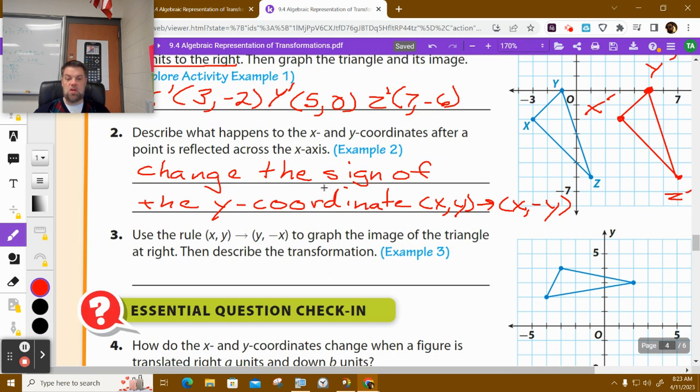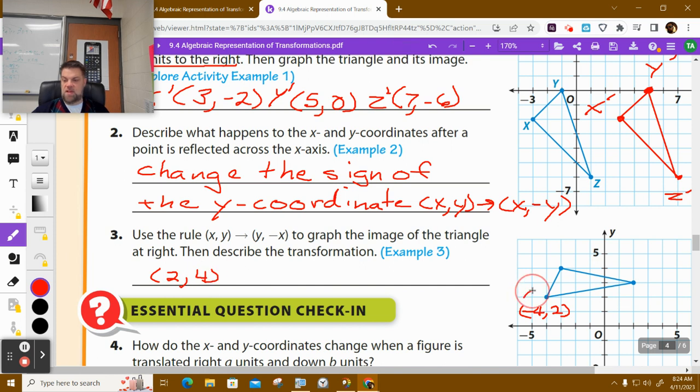Now it says, use the rule X comma Y transforms to Y comma negative X to graph the image to the right. Describe the transformation. So we got to figure out what this is. So this is going to be negative 4 comma 2. So that's my X comma Y. So then my transform function would be 2 comma positive 4.